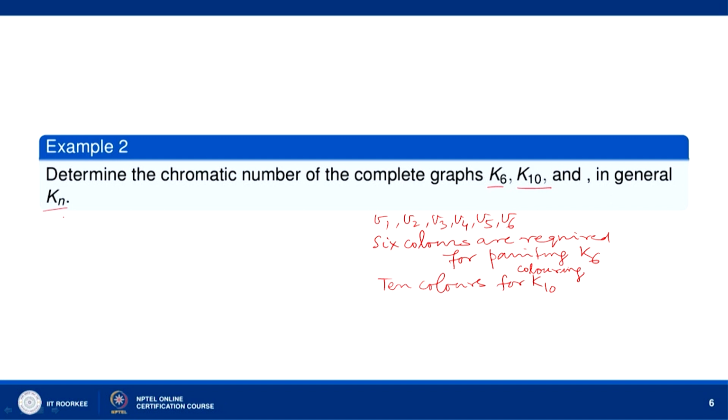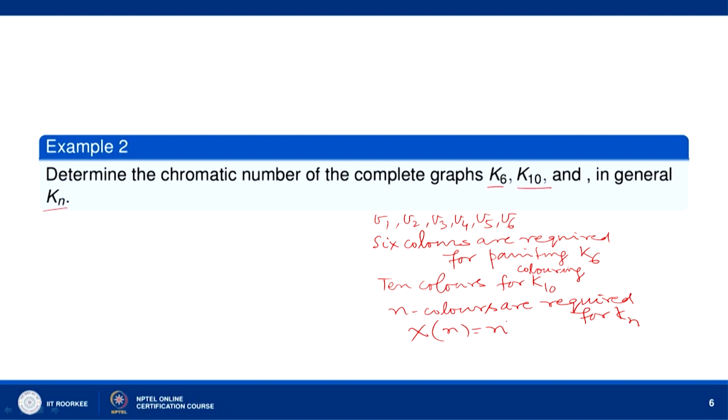In general, n colors are required for Kn, and this is the minimum number of colors. The chromatic number of Kn is n here, because it is a complete graph.